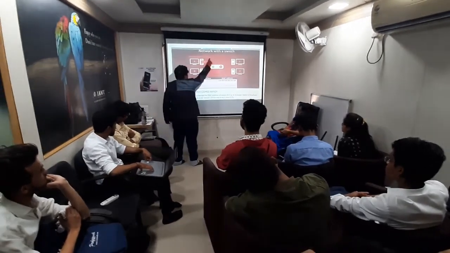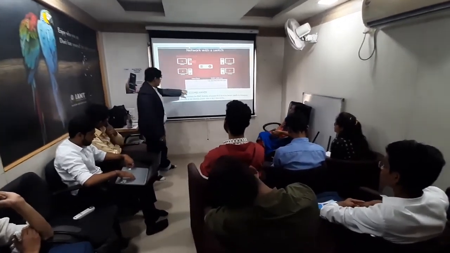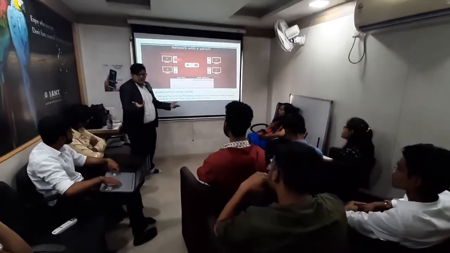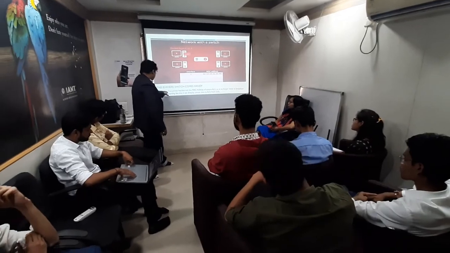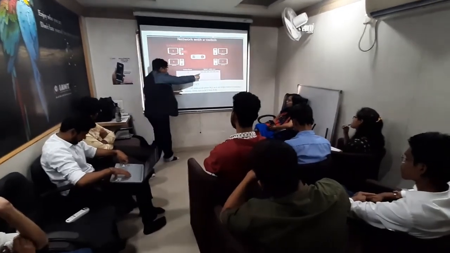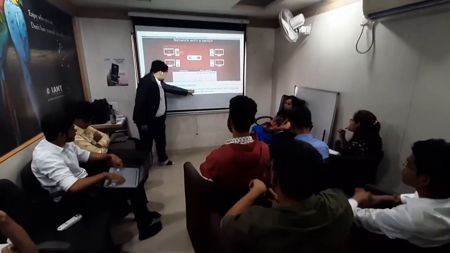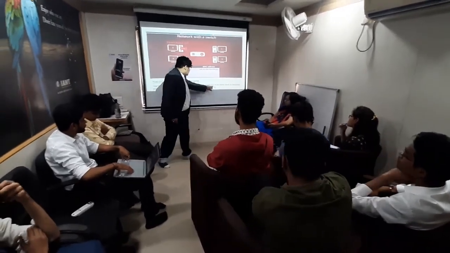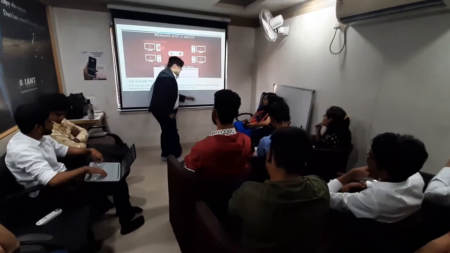Packet from C to A. This is where a switch comes in handy. That means a switch becomes really useful. So now notice that the switch has learned the MAC address of system A. This is A, so it no longer needs to broadcast.